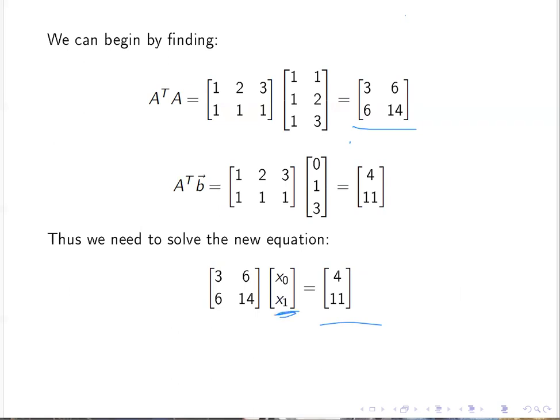It turns out this has a solution, namely -5/3, 3/2. That means this is the best solution to our original system of equations. So the idea here is that when a system does not have a solution, we can solve it simply and directly by multiplying both sides by A transpose. All right, good luck. Let me know what questions you have.